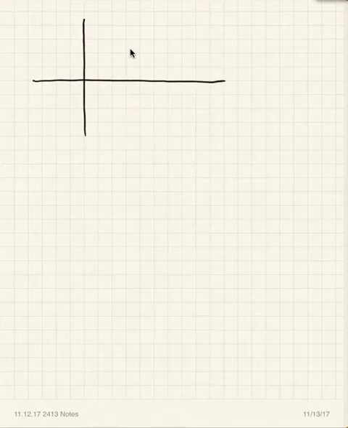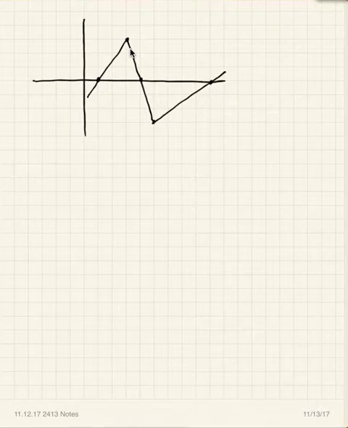So let's say we have a graph that looks like this. The graph is composed of several triangles. We have a graph that looks like this one right here. This is our function g, we'll call it.